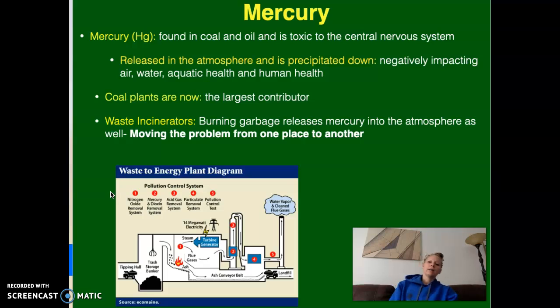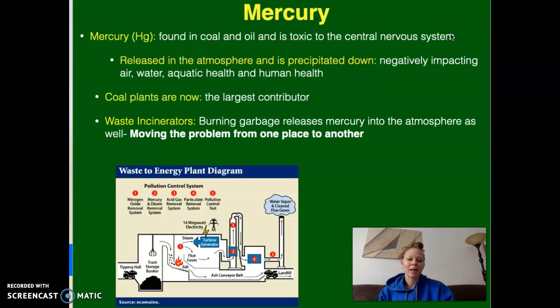Mercury. We're taking a step away from smog for a moment, and we're thinking now more about mercury, or a heavy metal. It's found in coal and oil and is toxic to the nervous system. So once again, it's like lead in that it's a metal and it's an ion, and when it gets into your system, it's going to take the place of all of the metals that are supposed to be there, your active metals, and it's going to attach to things because it's got that charge.